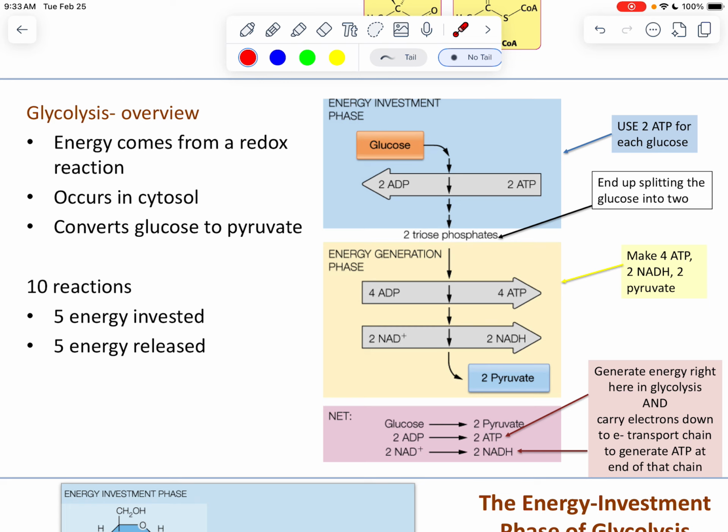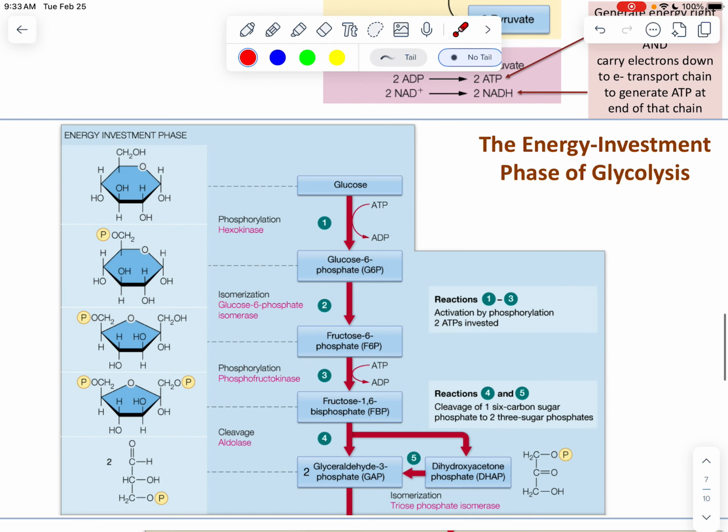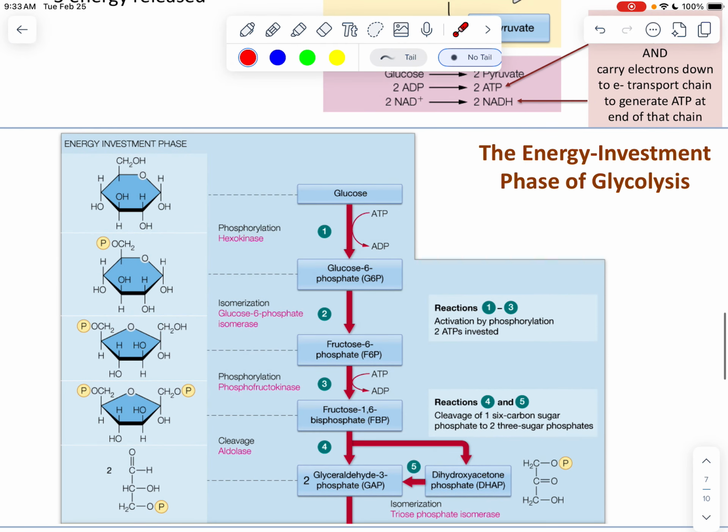So that's a future video. Glycolysis, by the way: lysis means to split, so we end up splitting that glucose up. Remember that each of these NADH carries 2 electrons, so we're actually carrying 4 electrons into our electron transport chain.